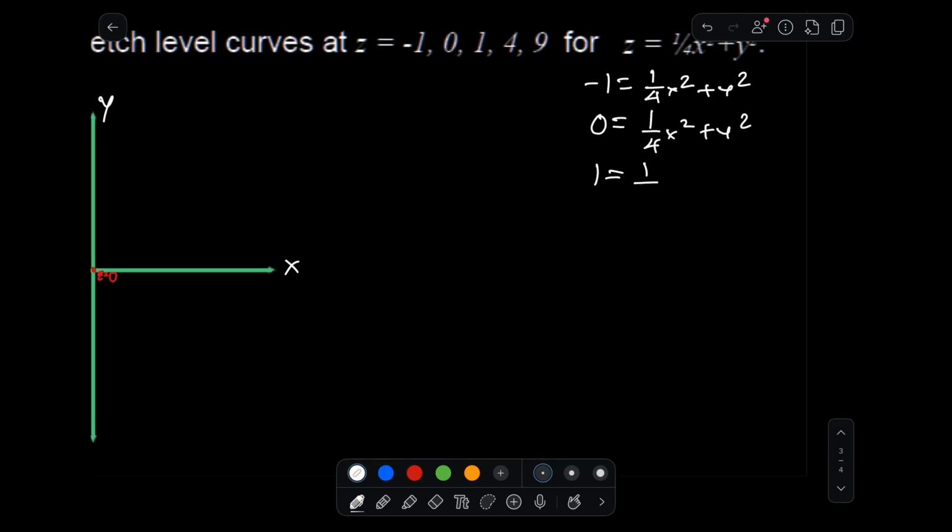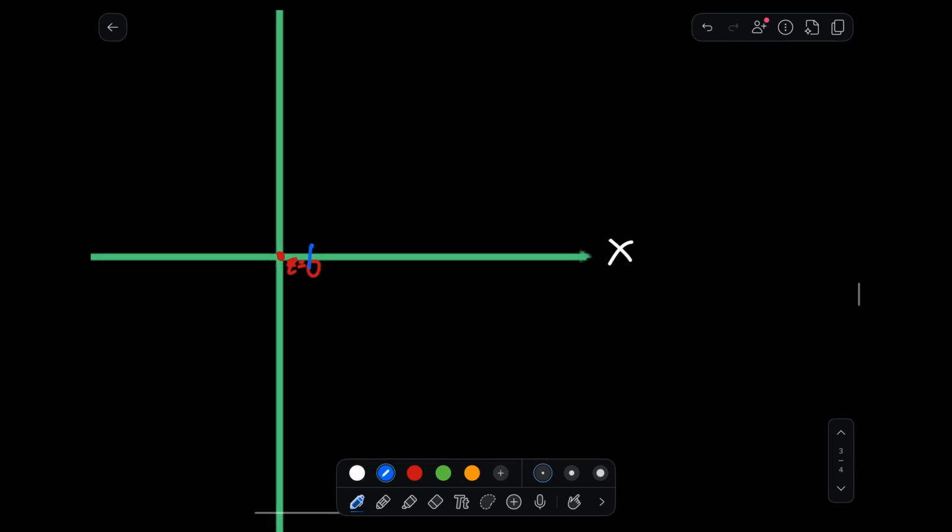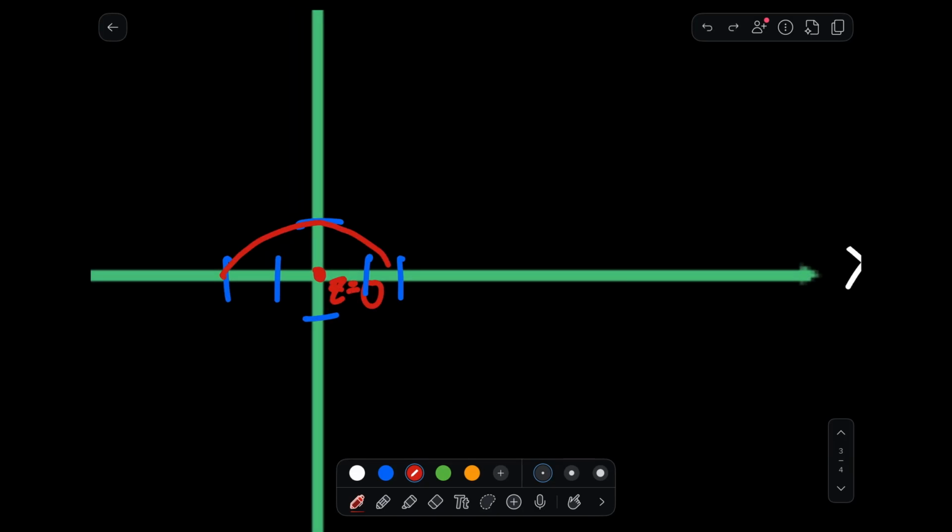1 equals this. Kind of a bad drawing of the ellipse. Let me get a better sketch of that.